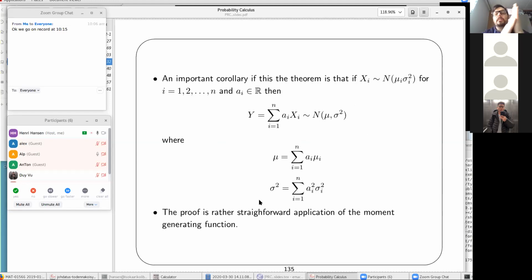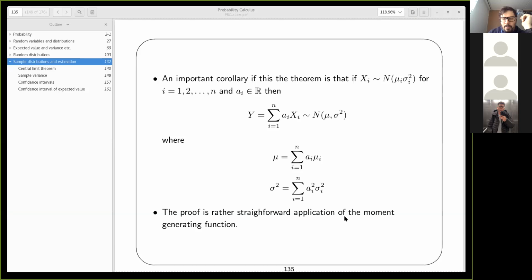An important corollary here is that if we have some number n of normally distributed variables, here's a problem I really do need to fix. It's missing a comma over there.